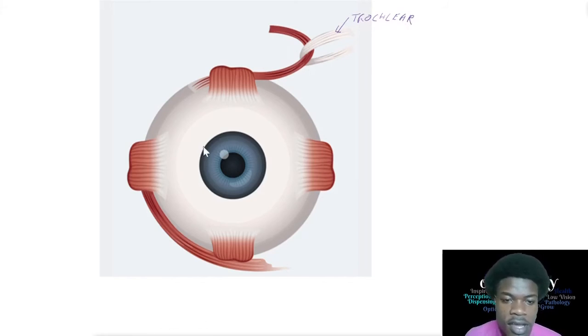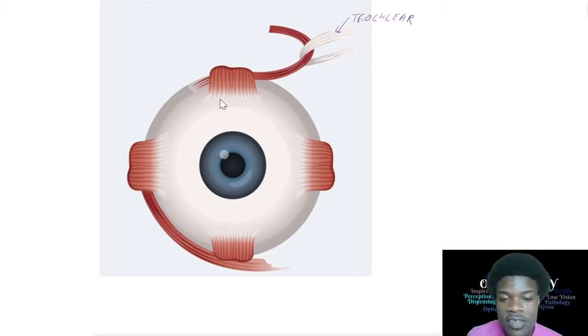So firstly, let's start with the horizontal muscles, which are the lateral rectus and the medial rectus. The closest muscle to the cornea itself is actually the medial rectus. The next muscle closest to the cornea will be the inferior rectus below here. Then we have the lateral rectus, and the furthest away is actually our superior rectus.